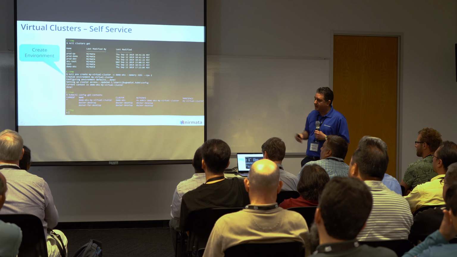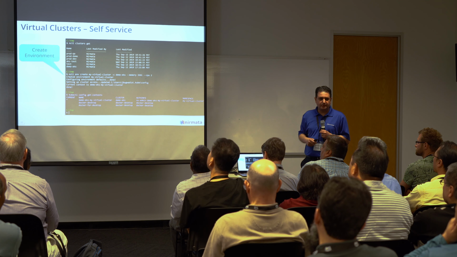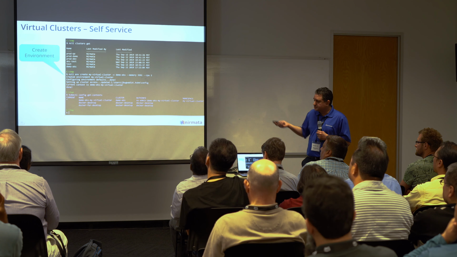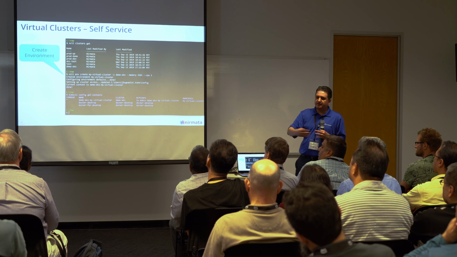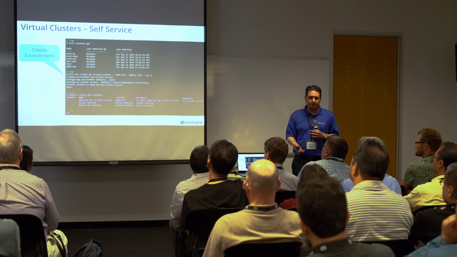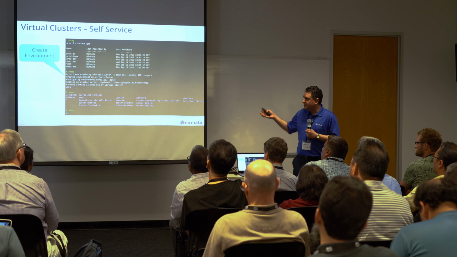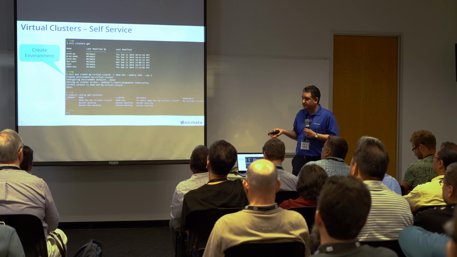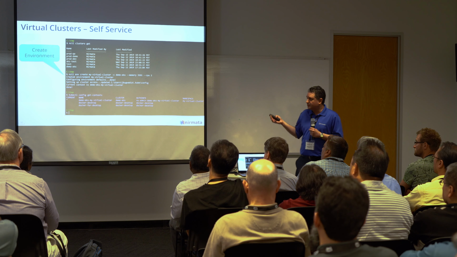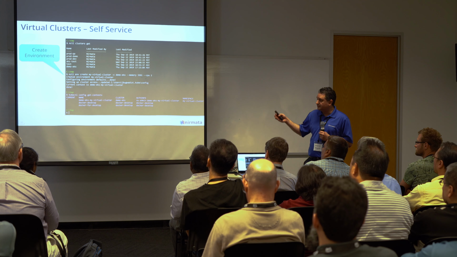But this is how I would, as a dev team or as a developer, request my virtual cluster. So what happens behind the scenes is there's a lot of heavy lifting that Nirmata will do, depending on where you're deploying Kubernetes, whether it's on EKS or other endpoints, and it will configure all the constructs we just talked about.